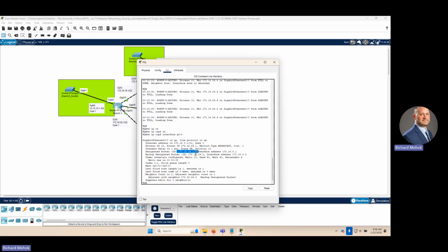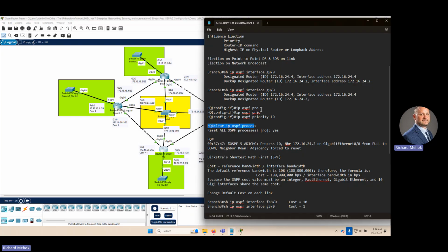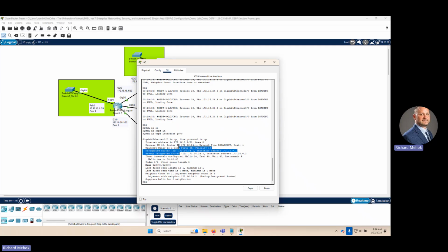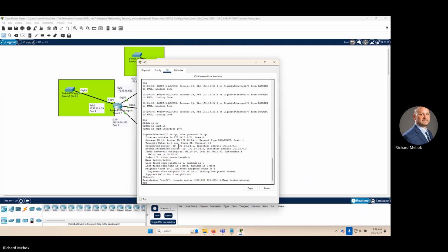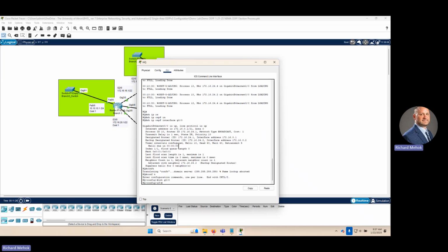Now, if you want to do it further, you can go to a different router and do a different priority, or we could have done the router-id command. So we did that in the last class. So if we wanted to make, we would go into config t, int gig 0.